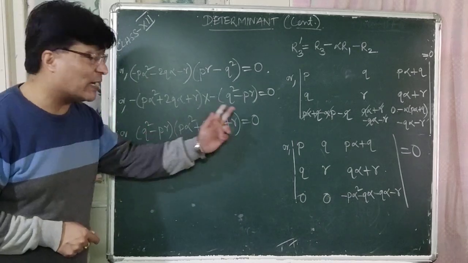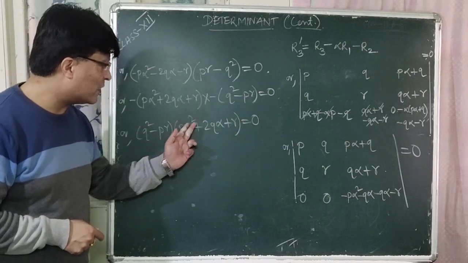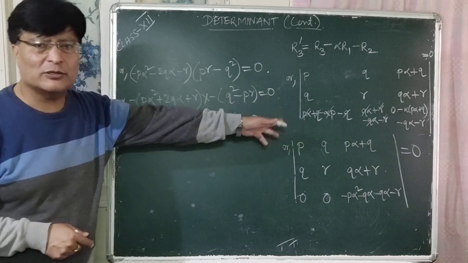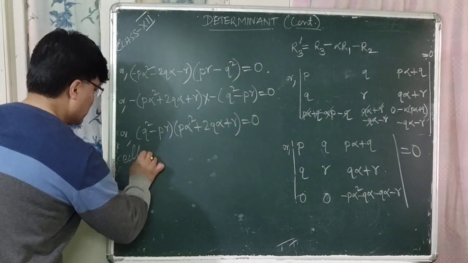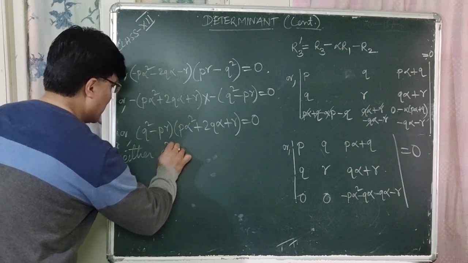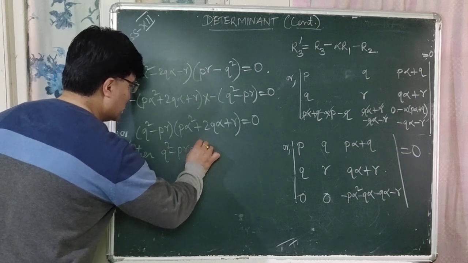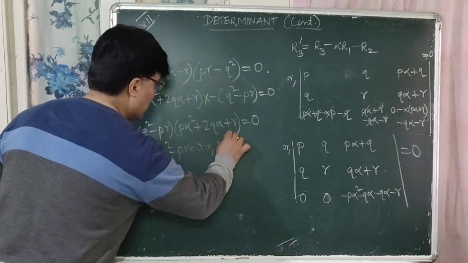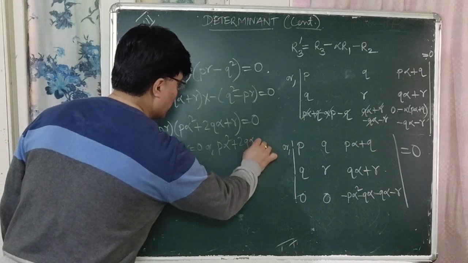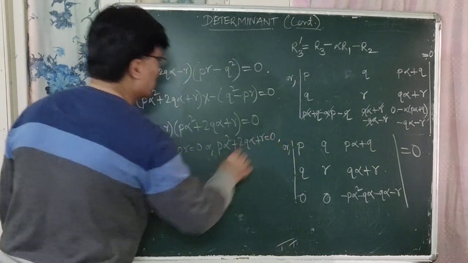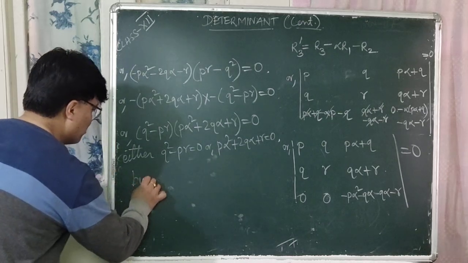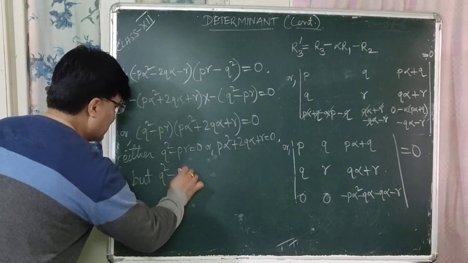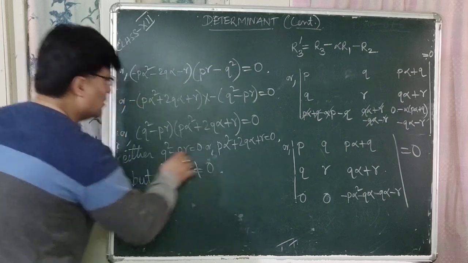Either Q square minus PR is equal to 0 or P alpha square plus 2Q alpha plus R is equal to 0. But from the given condition we can write that Q square minus PR is not equal to 0.